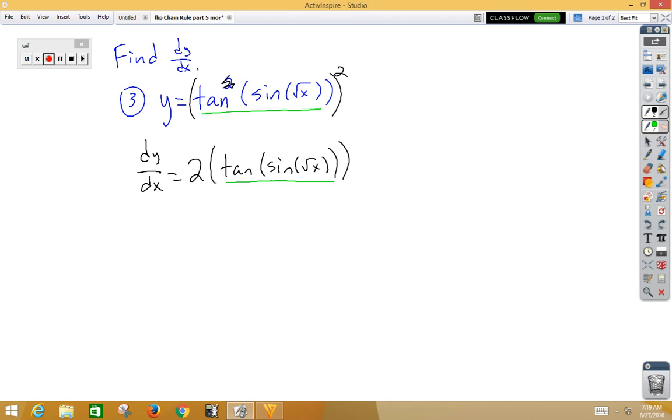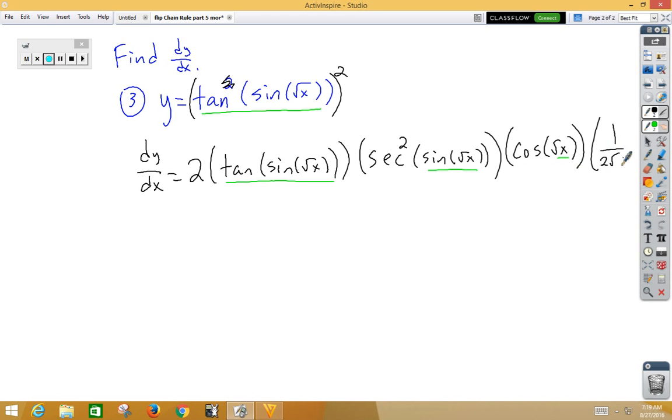The derivative of tangent would be secant squared. Don't change the inside. Multiplied by the derivative of the inside. The derivative of sine is cosine. Don't change the inside. Multiply by the derivative of the inside, 1 over 2 root x.